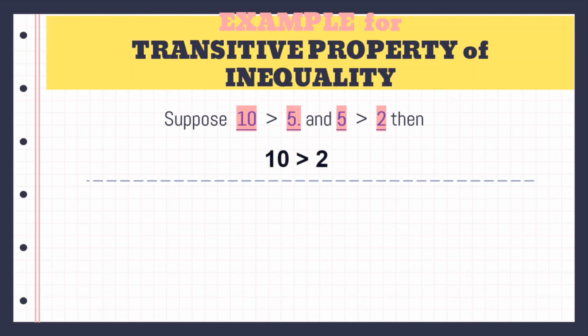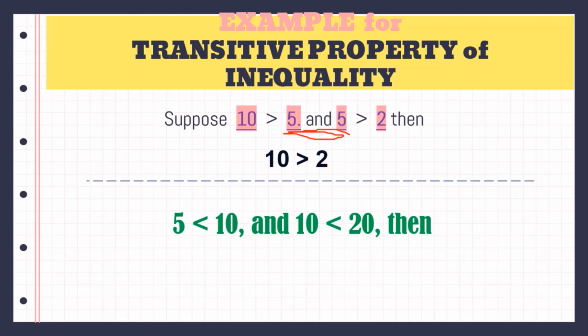Then, 10 is greater than 2. Okay? Ibig sabihin, napag-partner na natin sa dalawa tong 5, kaya naging dalawa siya. So, sila na lang tira sa dulo, and then yun yung ilalagay mo rito. So, kapag nagtama sila, 10 is greater than 2, which is true, your answer is correct.